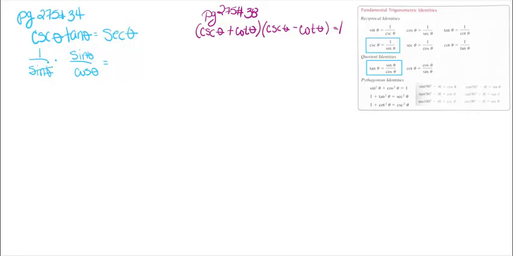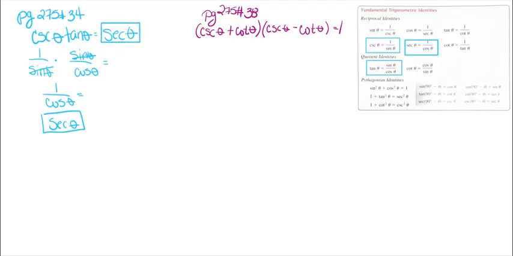Because this is on the denominator and this is on the numerator and they're multiplied, they cancel each other out, and I'm left with simply 1 over the cosine of theta. Now, that doesn't give me secant theta yet, but if I look at my reciprocal identity, I do see that 1 over cosine theta is equivalent to secant theta. So this here is equivalent to secant theta. Therefore, I have transformed the left side into the right side.